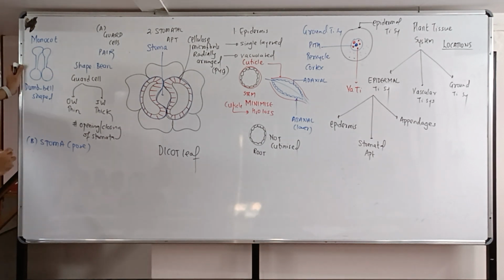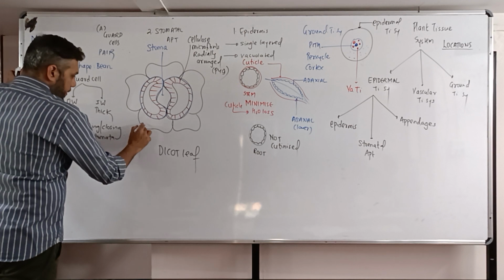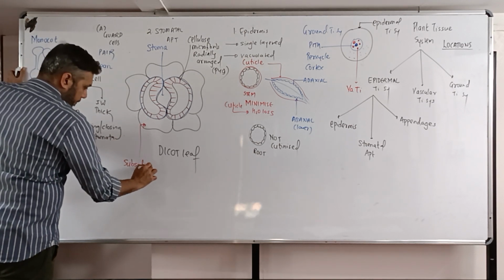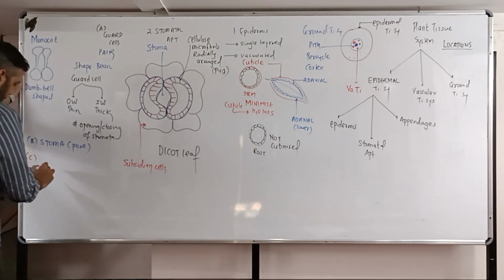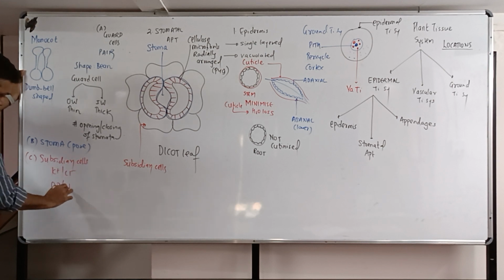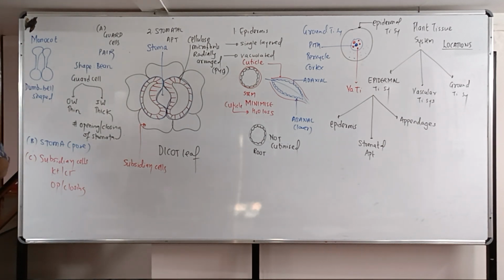Then, surrounding the guard cells, we see the subsidiary cells. These subsidiary cells are a storehouse of K plus and Cl minus ions, and they will also help in opening and closing of stomata. Yes or no?